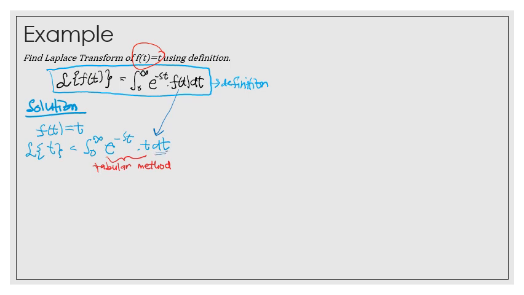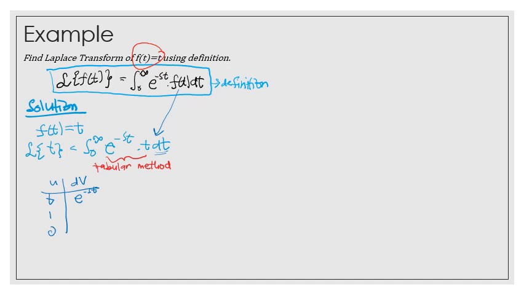So we need to solve the integration by using the tabular method. How do we solve by using the tabular method? We can plot u and dv. Our u will be t and dv will be e to the minus st. For t, we differentiate t, we get 1. We differentiate 1, we get 0.